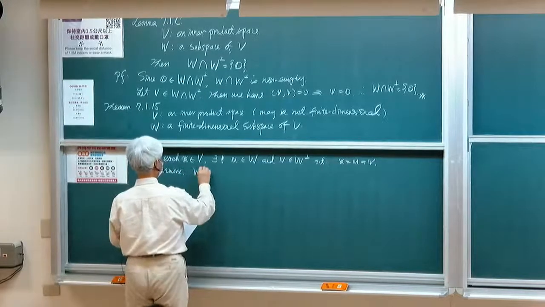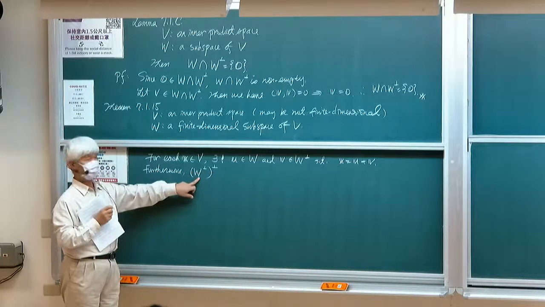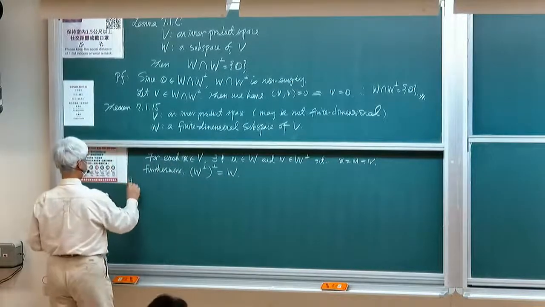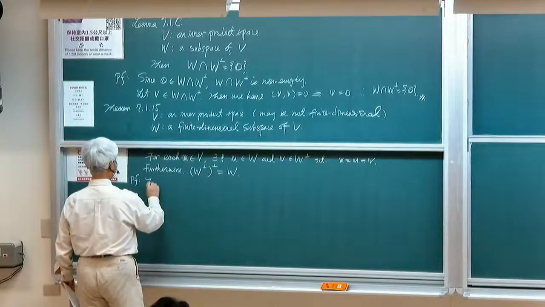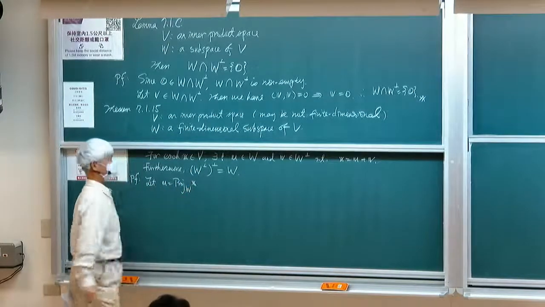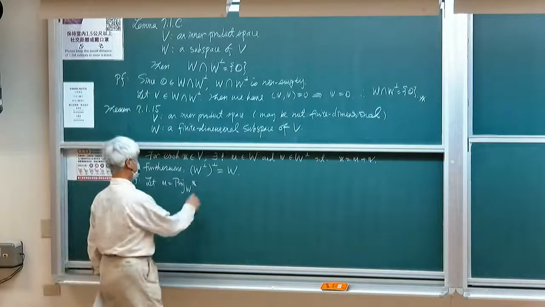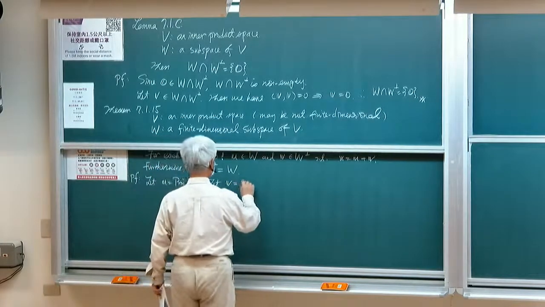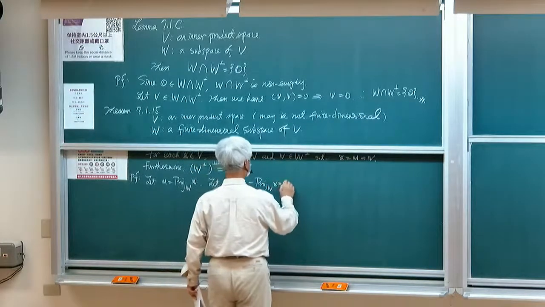Furthermore, we have the orthogonal complement of the orthogonal complement of W is equal to W. So the proof. Now we let U be the orthogonal projection of x onto subspace W, and we let V be the difference of x and this orthogonal projection.